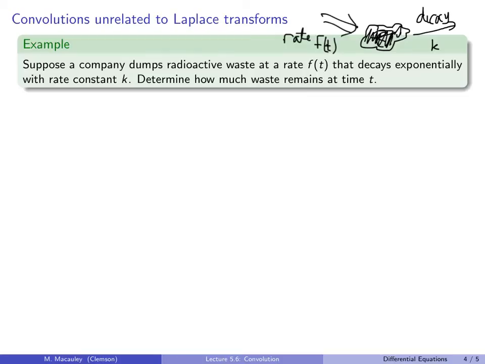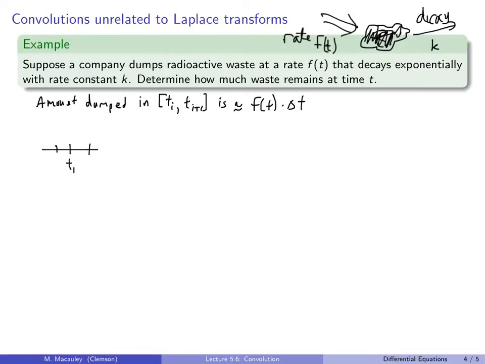Okay, so to start, I want you to notice, so here's just a remark, that the amount dumped in a time interval t_i to t_{i+1} is approximately equal to f of t times delta t. And that's easy to see. You know, think of like a Riemann sum thing.